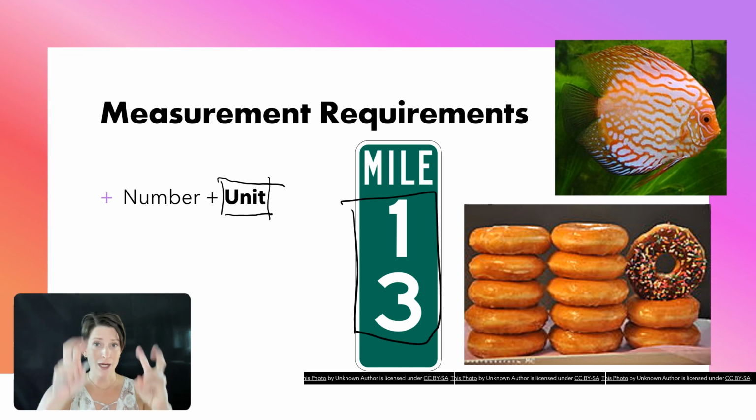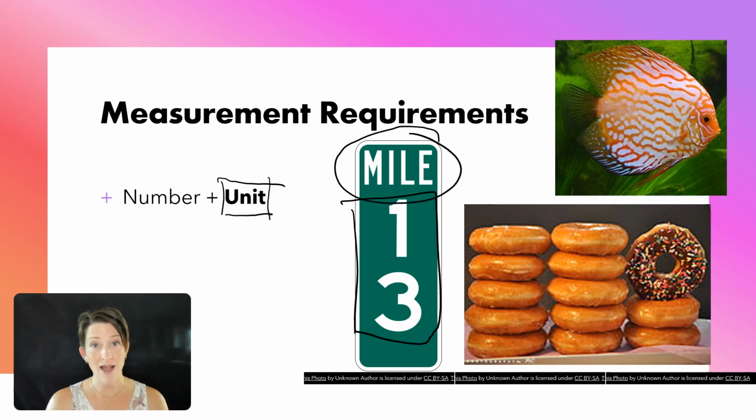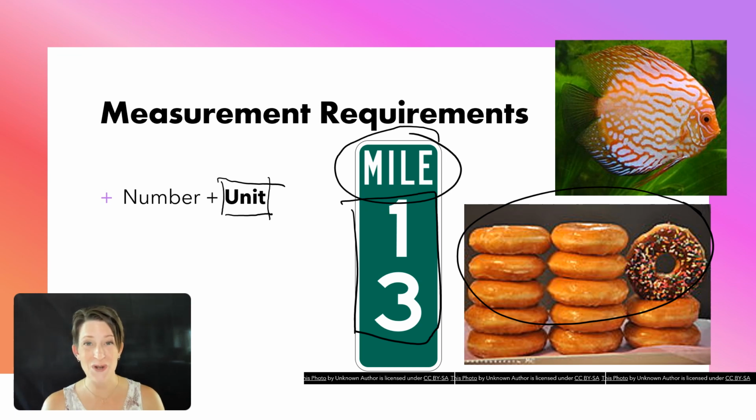The age that a person becomes a teenager, a baker's dozen, miles, fish, we don't know. That is why the unit is so important. 13 miles is vastly different than 13 donuts. So we want to make sure that when we're working with measurements, we know the unit that that number is associated with, then we can start to understand what it is we are measuring.